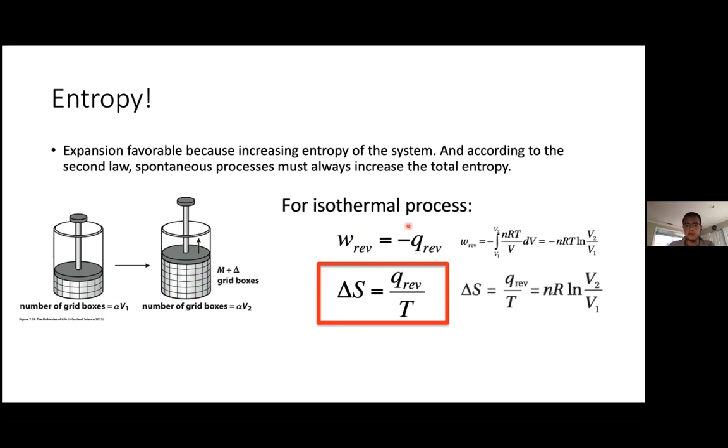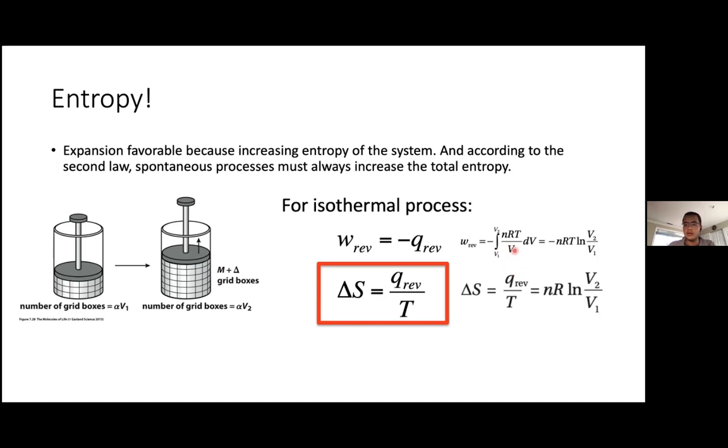Now to talk about the equations that define this process. Since this is an isothermal process, the work equals negative Q. And if you remember the graph from the second slide, there was a slope that went down for a reversible process. If you take the integral of that graph, you get the area under it. And if you recall, the equation for work was negative P external times the change in volume.